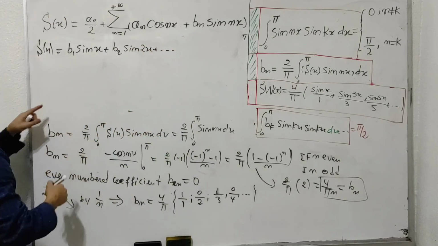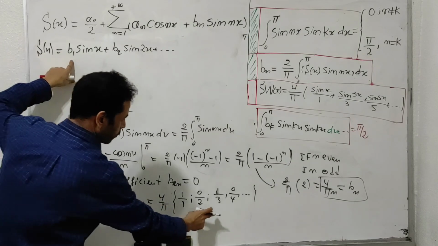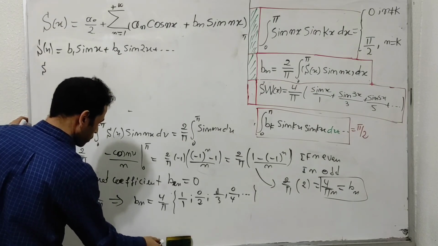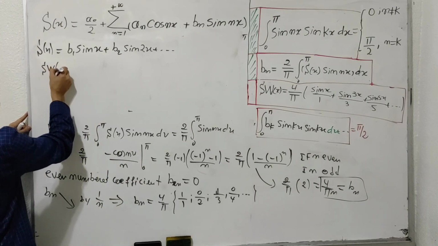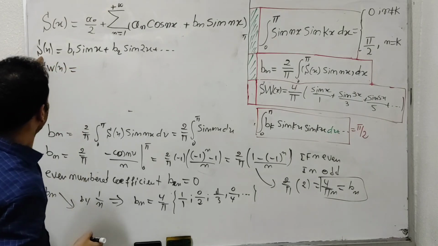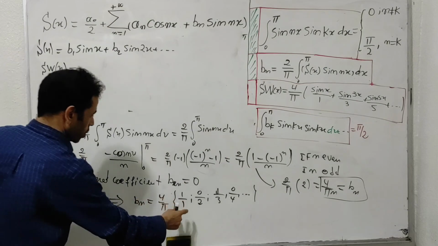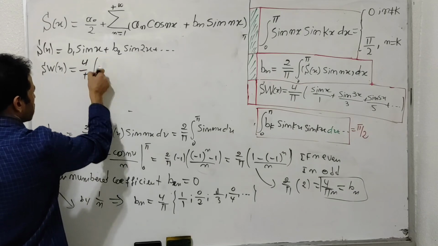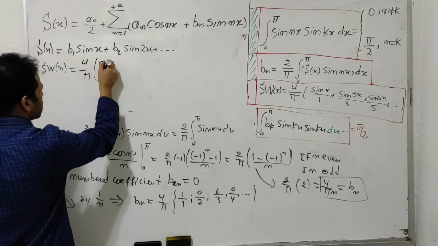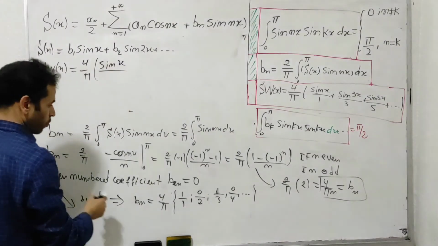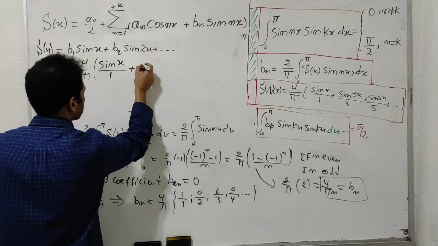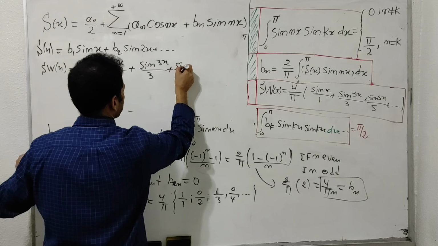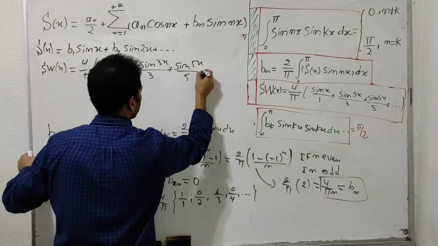Having calculated this coefficient for s of x as a square wave function, because we have taken s of x equal to 1, I will have 4 over pi multiplied by sine x over 1 plus sine of 3x over 3 plus sine of 5x over 5, and all the way down.